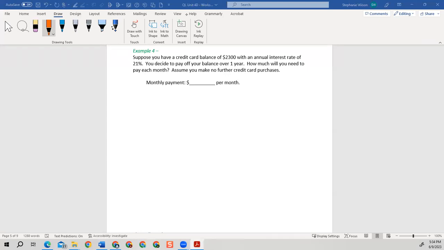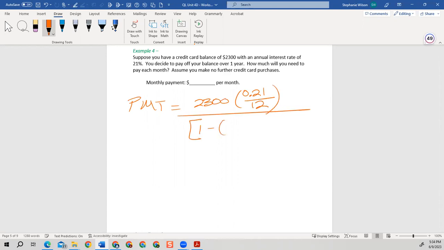And we're wanting to figure out how much we need to pay each month to get out from under it. So we're going to use our formula, a PMT. We got 2,300 as the principal. Our interest rate is 0.21, which is 21%, at 12 months, divided by 1 minus 1 plus the 0.21 divided by 12, raised to a negative 12 times 1 year.